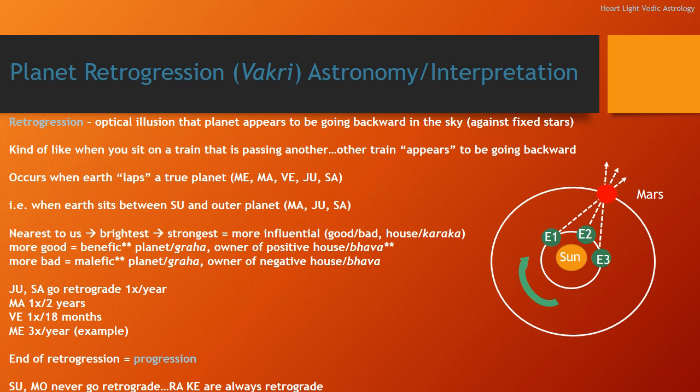So, for example, since we've been talking about Mars, let's keep Mars here. When Mars is retrograde, Mars is a malefic planet. So, generally, we're thinking probably potentially negative effects here. But if Mars owns a positive house, that would bring more benefit.